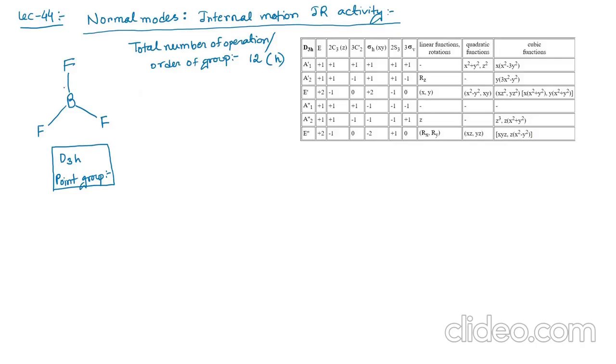So what we already know is that your gamma vibration consists of A1 dash plus 2E dash plus A2 double dash.